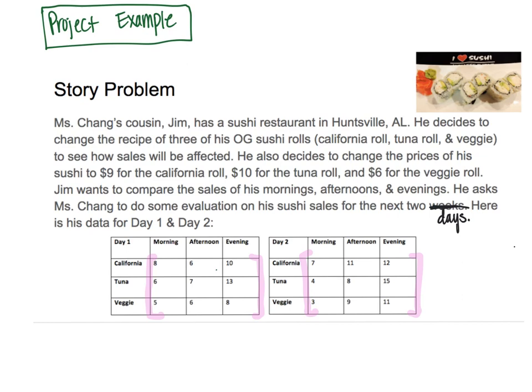If I wanted to know how many California rolls were sold in the morning of that first day, it was 8 rolls, and so forth. Or I could total this up and get the total amount of sushi in one day. In the next slide, we're going to start with our first operation, which is addition. So here we go. I'm going to grab those chart numbers and make matrices.